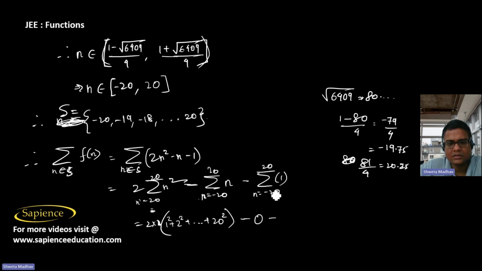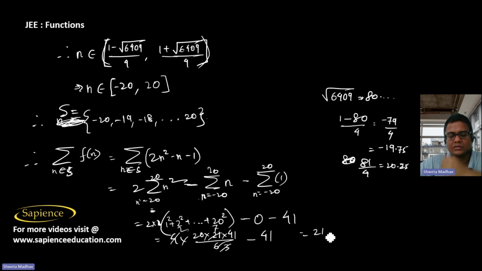Then minus 1 will come 41 times, so minus 41. So this will be 4 into n into n plus 1 into 2n plus 1 by 6, with n equal to 20, that is 20 into 21 into 41 by 6, minus 41. So this will be 2 4s, 2 3s are 6, 3 7s are 21. So this will be 21 into 20 into 41 minus 41.